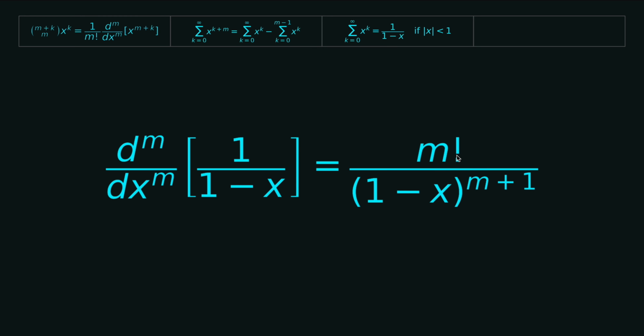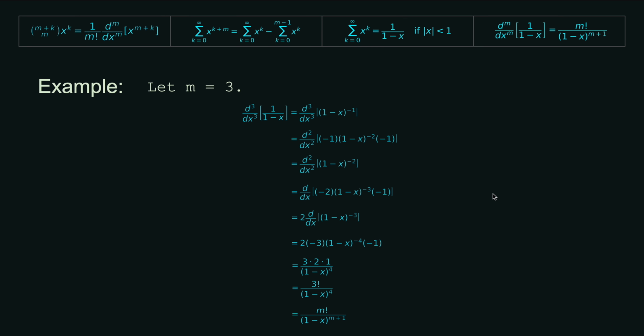That's equal to m factorial over 1 minus x to the m plus 1. And here's an example here. You can pause the video if you want and look through this, but I'm just going to point out one thing, which is that the fact that you have a minus in the parentheses is going to prevent you from getting negative powers.